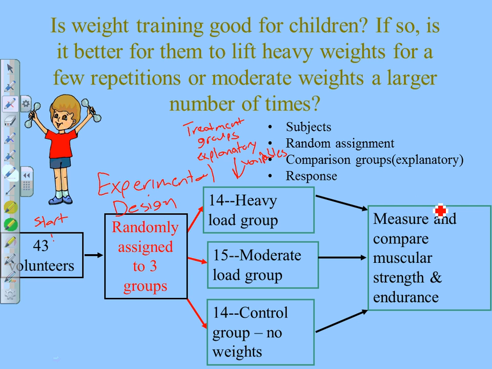And then we finish off by just measuring and comparing the results, which will give you your response variable. This is the experimental design kind of flow chart that we will have to create.